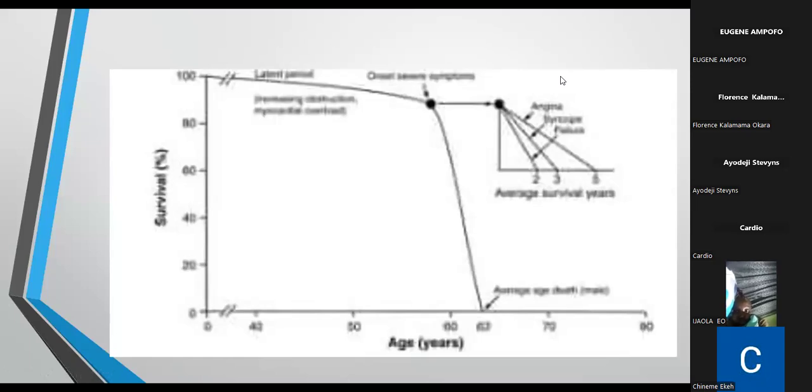By the time they present with syncope, the 50% mortality is about 3 years. And by the time they present with dyspnea, the 50% survival is about 5 years. So 2, 3, 5.